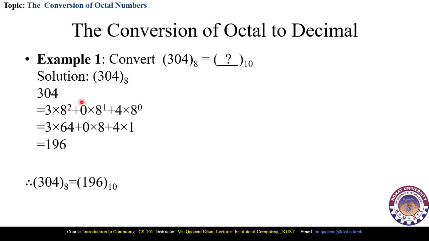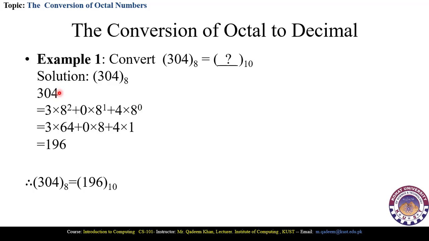Then 304 is equal to 3 multiplied by 8 to the power 2, because this 3 has the position of plus 2, and then we have 0 multiplied by 8 to the power 1, because 0 has the second position, so it has n minus 1, that is 3 minus 1, plus 4 multiplied by 8 to the power 0.